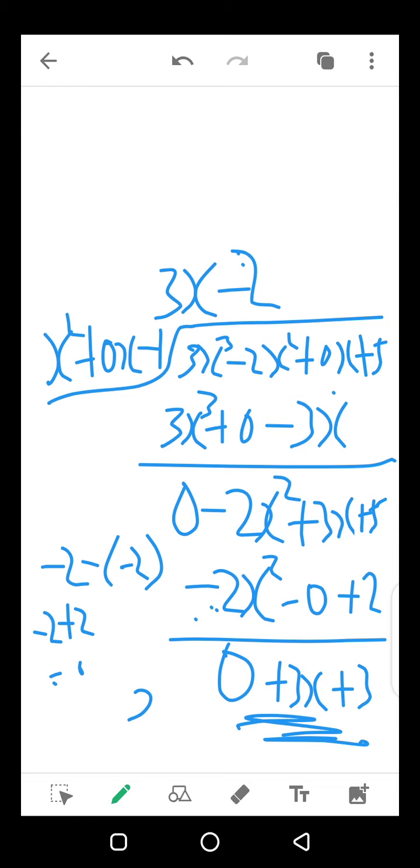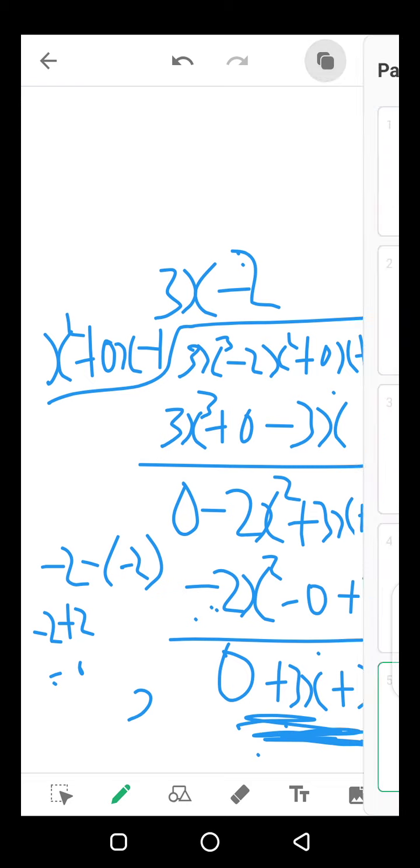So once we get to the point that the power of the divisor becomes higher than the highest degree in what we want to divide, we stop from there. We stop there and write that one as the remainder. So because we cannot use degree 2 to divide degree 1, we stop here and this becomes the remainder.